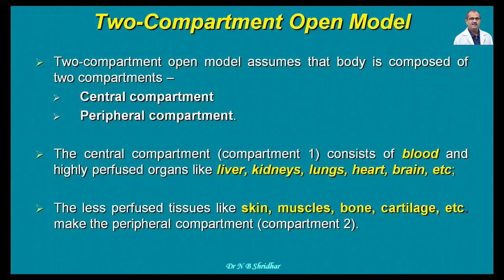One is the central compartment and another one is the low blood circulation compartment, that's called compartment 2: skin, muscles, bone, cartilage. And the important vital organs, the liver, kidneys, lungs, heart and blood, are compartment 1. It's also known as the central compartment.